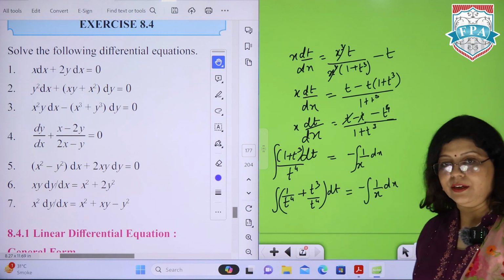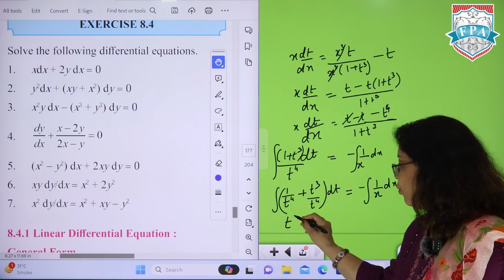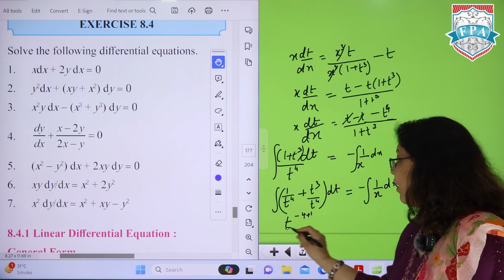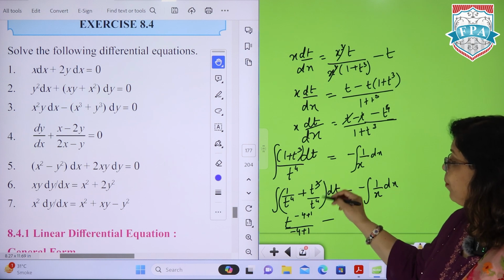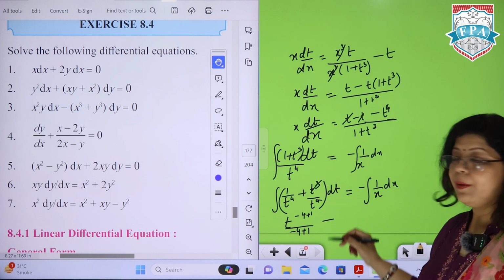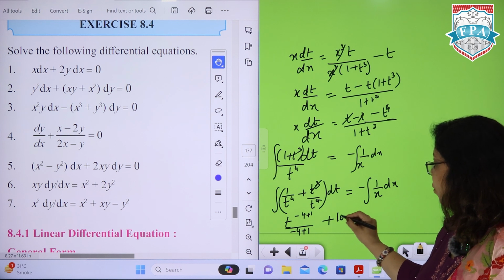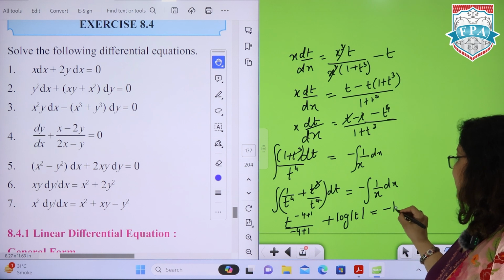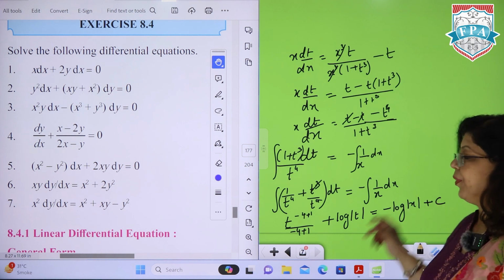Now let's start integrating. तो ये पार्ट है आपका t to the power minus 4, it will become t to the power minus 4 plus 1 upon minus 4 plus 1. यहाँ पे ये cube and 4 जाएगा, तो 1 by t will be the case, which will become plus log t. Here it is minus log x plus c.